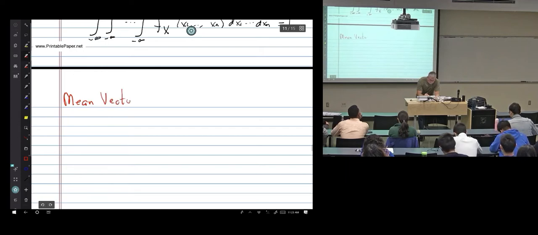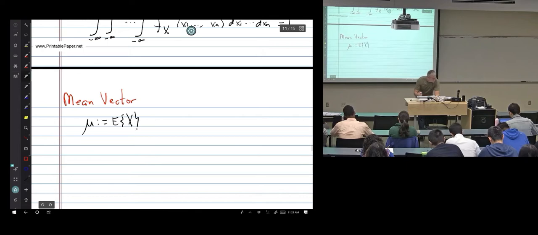So for these, though, just so we can get started on estimation, I want to define the mean vector. It's no longer a mean value, it's a mean vector. Okay, so mu, by definition, looks super innocent. We just write it as the expected value of our vector, okay?